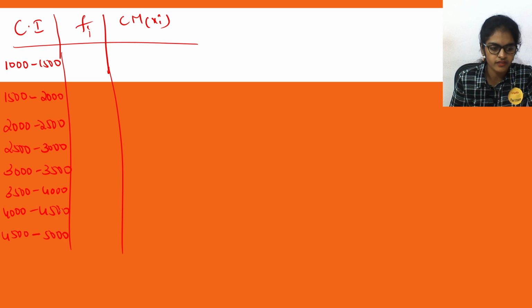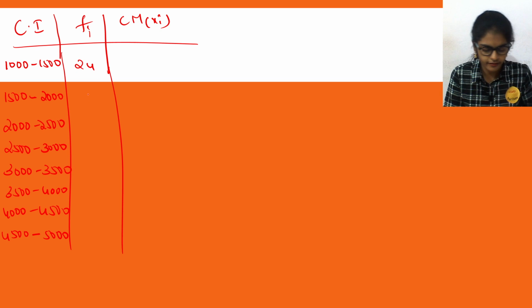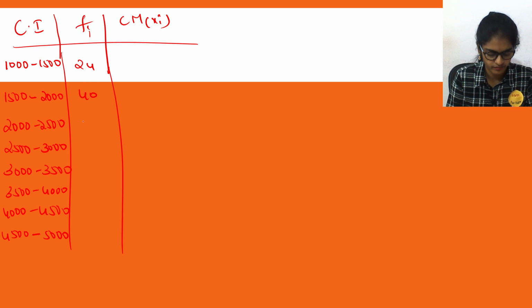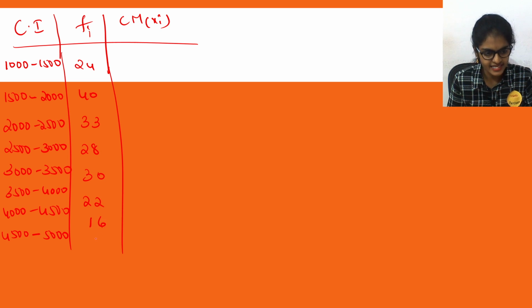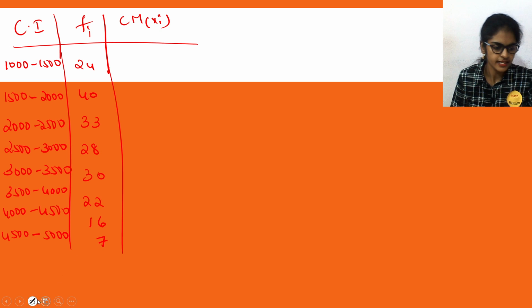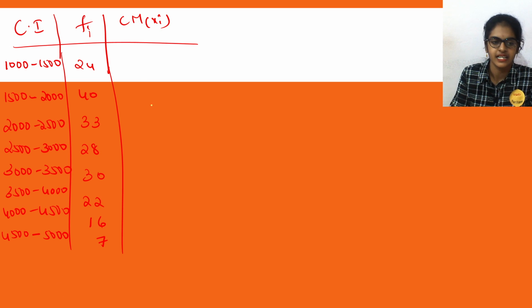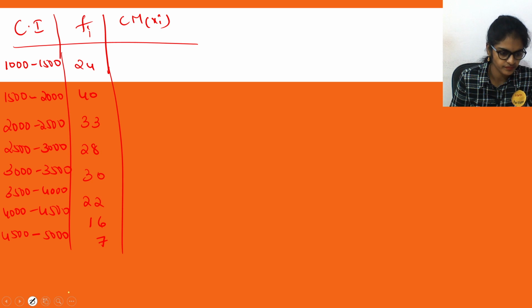Let us take down the frequency values. It is nothing but 24, 40, 33, 28, 30, 22, 16 and 7. Now let us take the class mark.